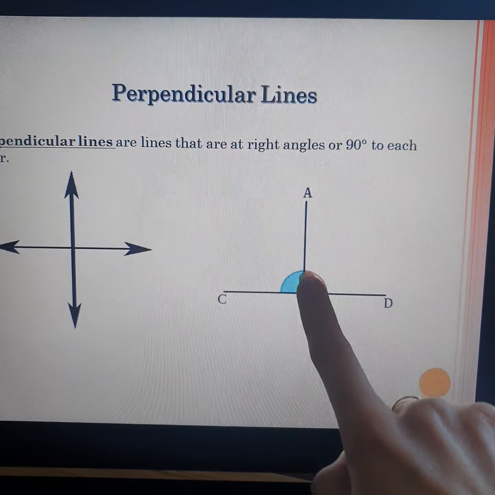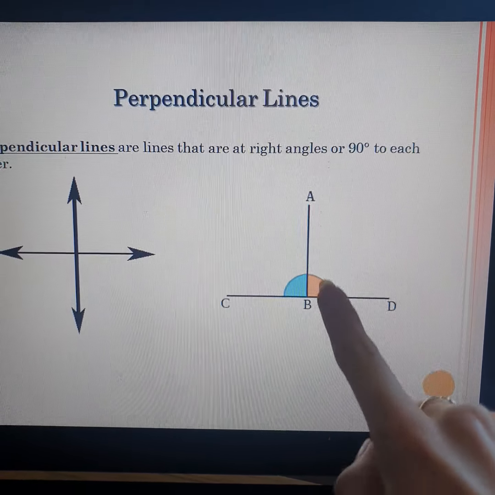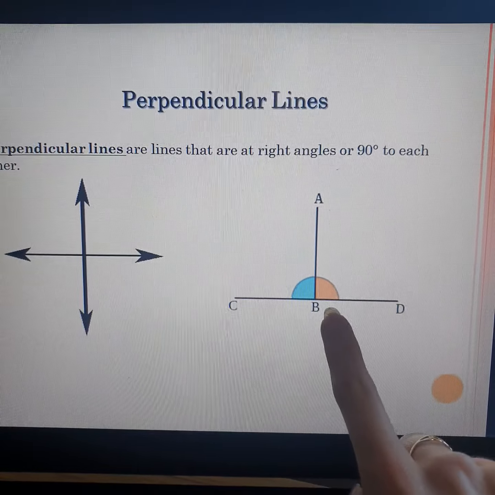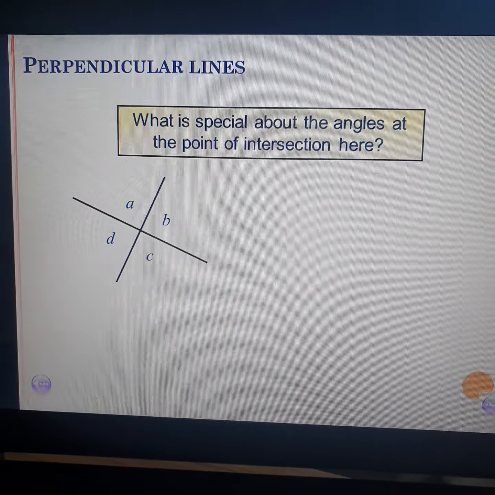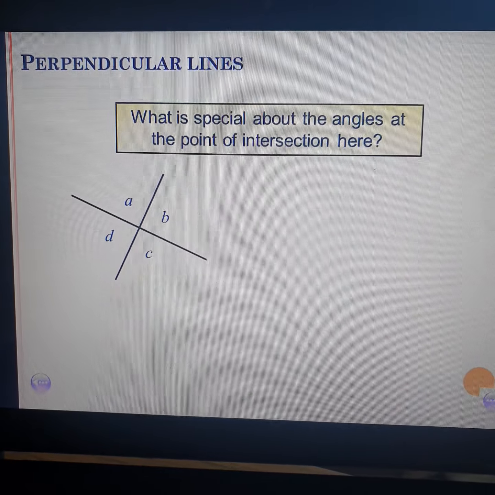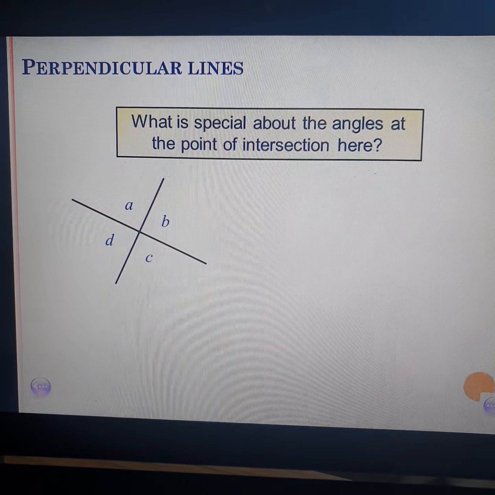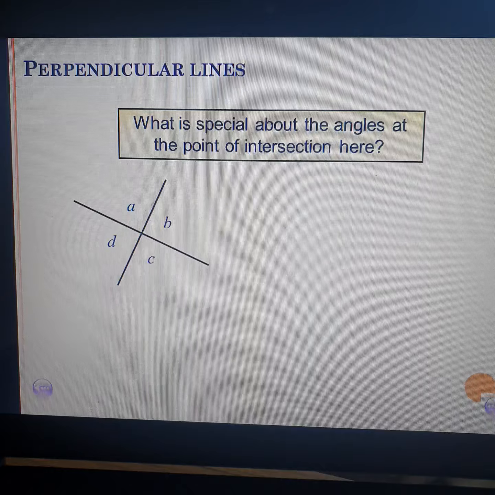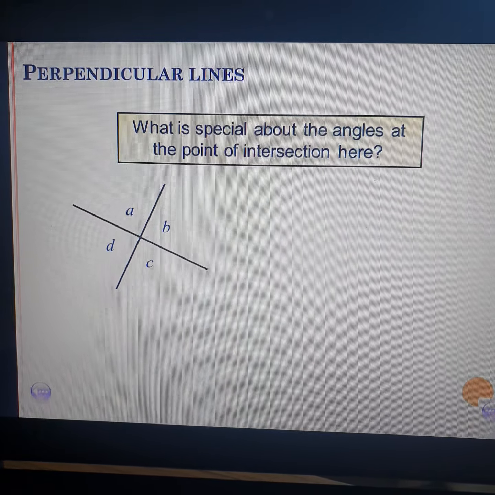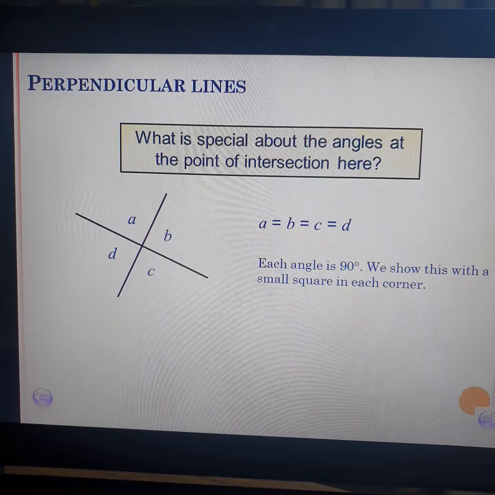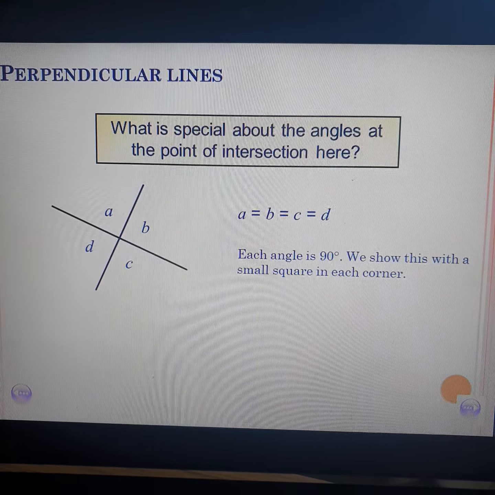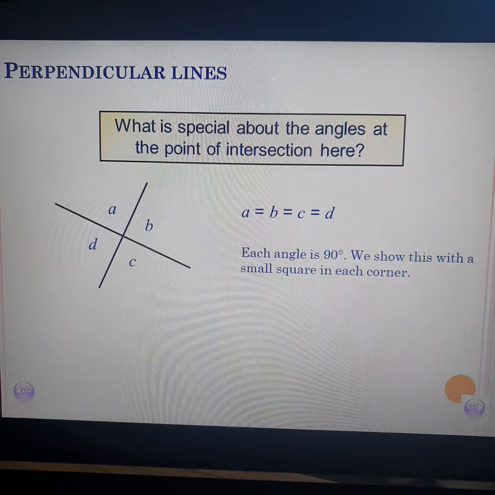The line AB meets the line CD at this point here, and there are right angles on either side. What is special about the angles at the point of intersection here? What is special about those angles is that they're 90 degrees. So A is equal to B is equal to C is equal to D, and each angle is 90 degrees. And we show this with a small square in each corner.